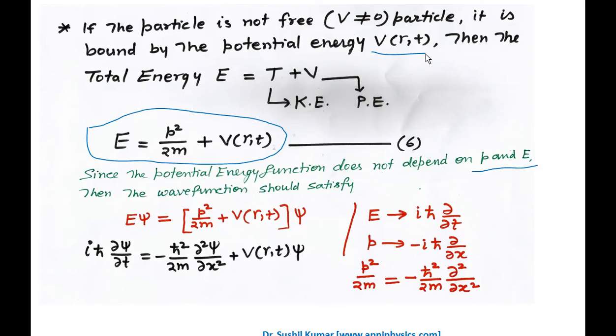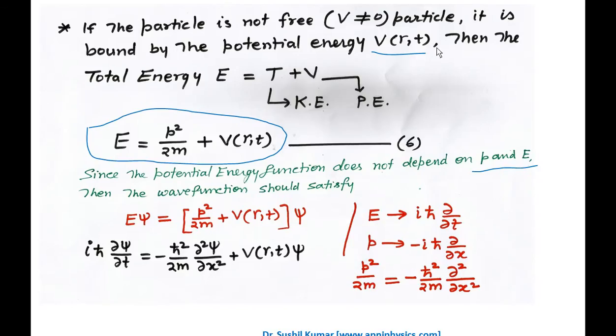Right, suppose an electron is revolving in a particular orbit, its Coulomb potential basically does not depend on the speed v. It does not depend on the energy of the particle. So this potential energy function is independent of p and E.